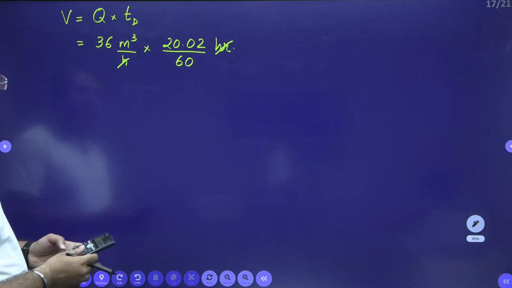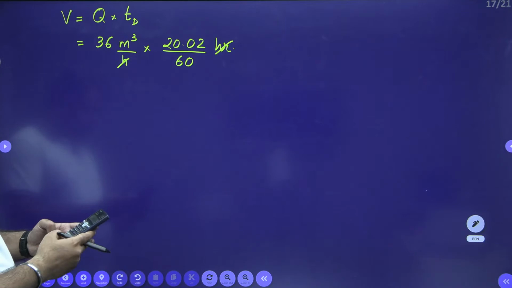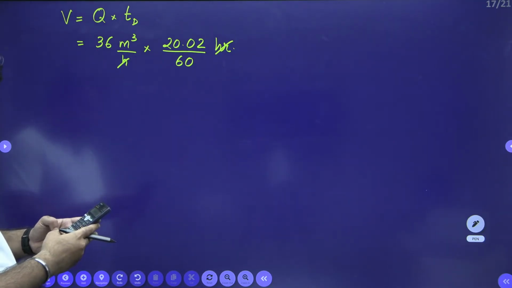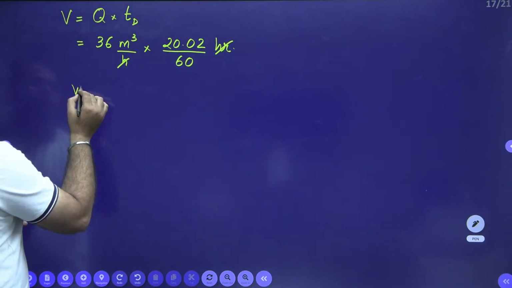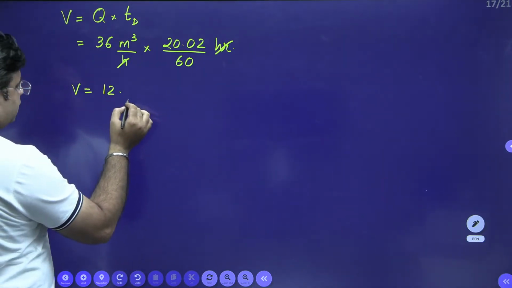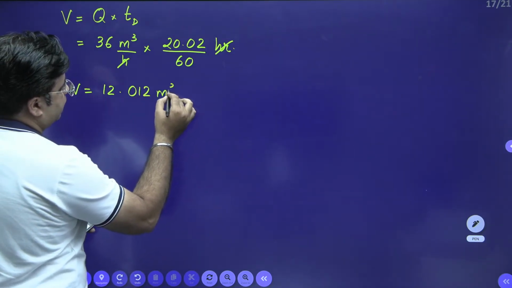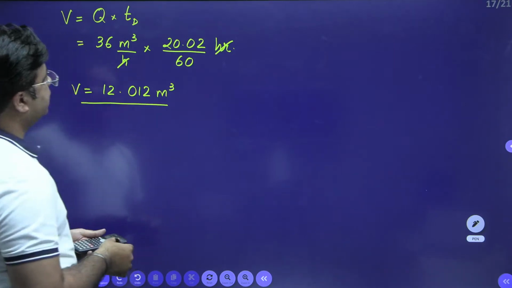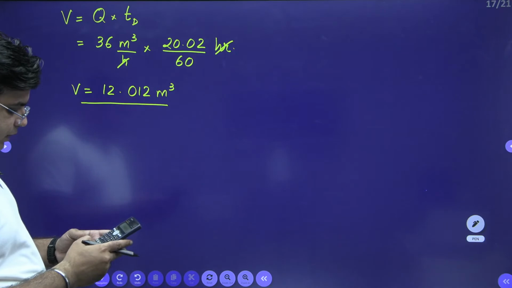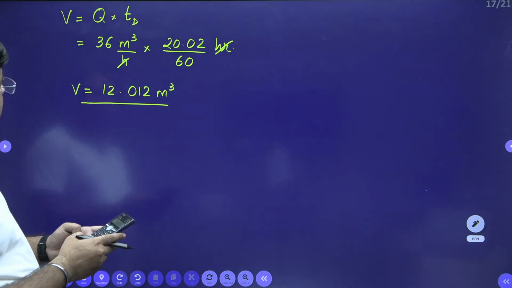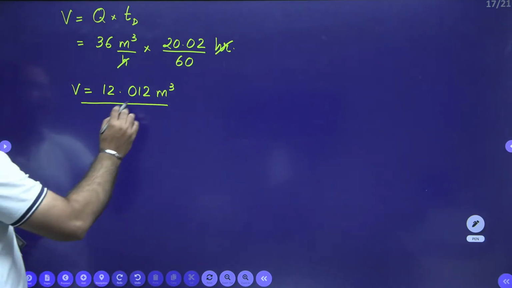So this is 36 into 20.02 divided by 60, which comes out to be 12.012 meter cube. I'll just cross check this. Yeah, 12.012 meter cube, right?